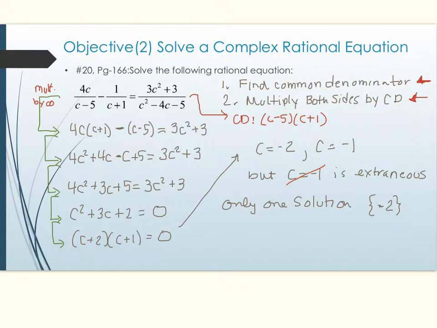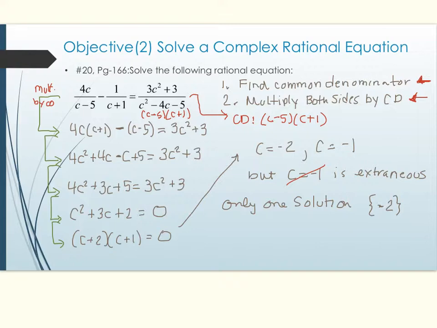Now sometimes we have to factor to find the common denominator. So in this step we notice that this is going to be c minus 5 times c plus 1. So that's the factor for c squared minus 4c minus 5.